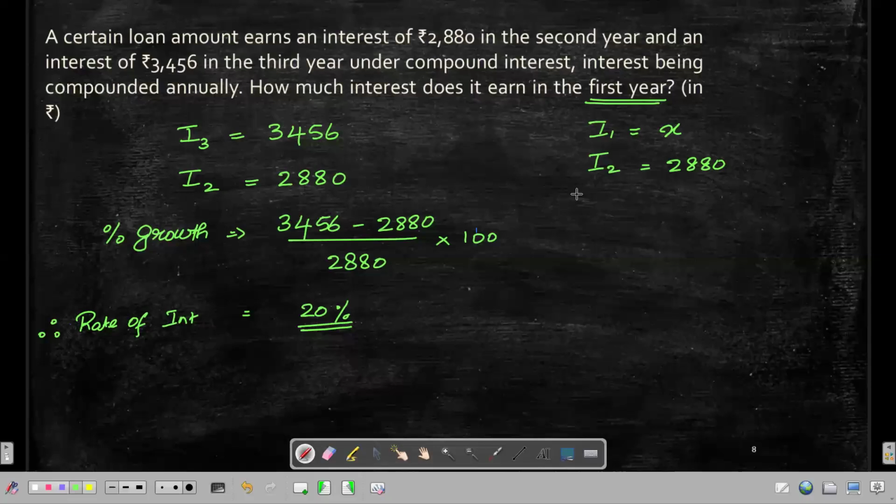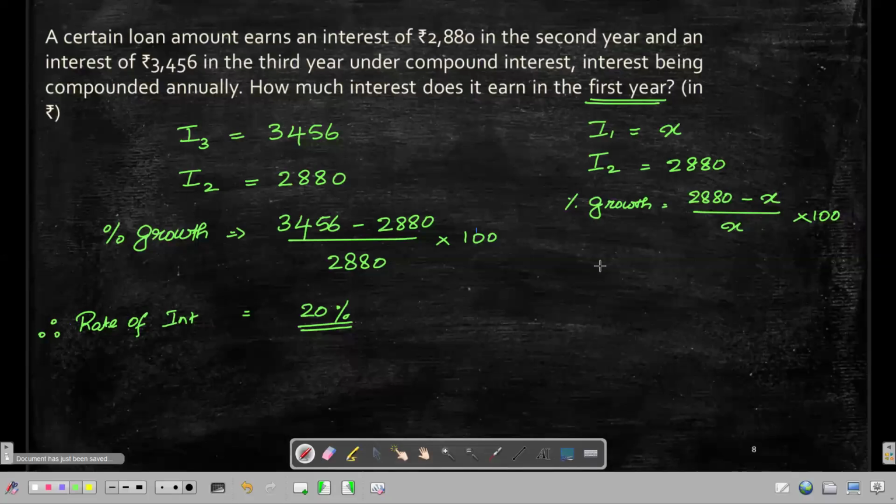The percentage growth here is 2880 minus X divided by X into 100. I hope you all remember this basic concept: the percentage growth is final value minus initial value upon initial value into 100.